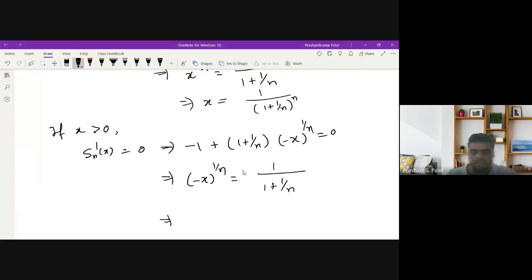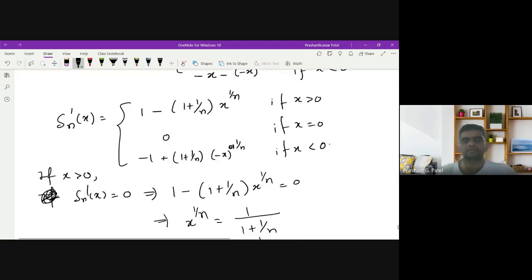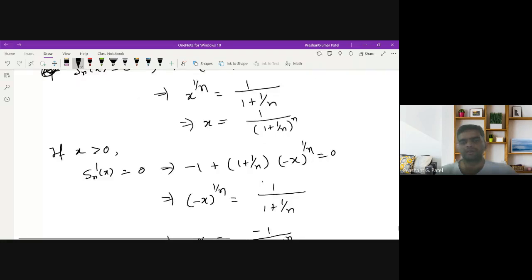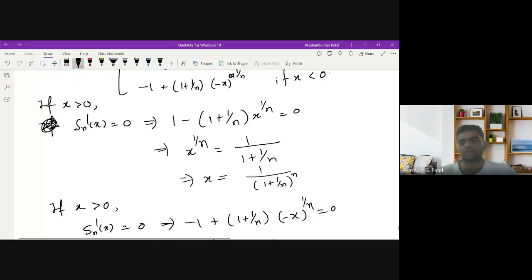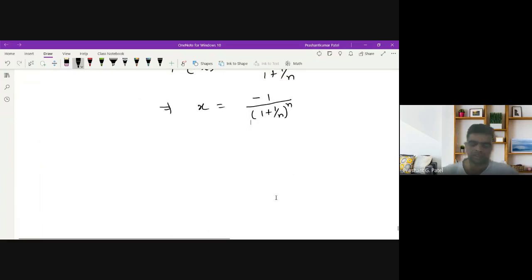Therefore, this will give you x is equal to minus 1 upon 1 plus 1 by n, whole power n. And if x is equal to 0, then x is 0. So there are three stationary points. The first one is 1 over 1 plus 1 by n raised to n. Another one is minus of this, and 0 is the third. And we have to see at these values what is the Sn double dash of x.